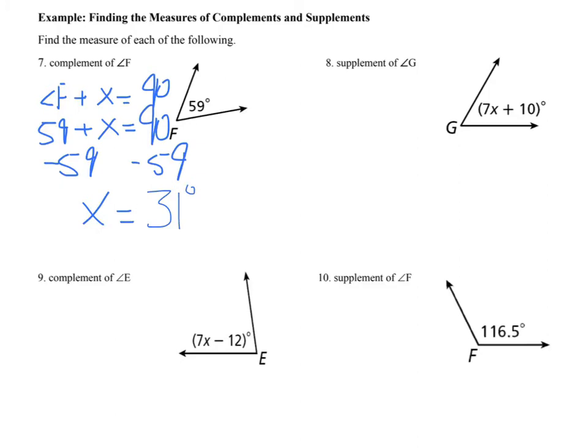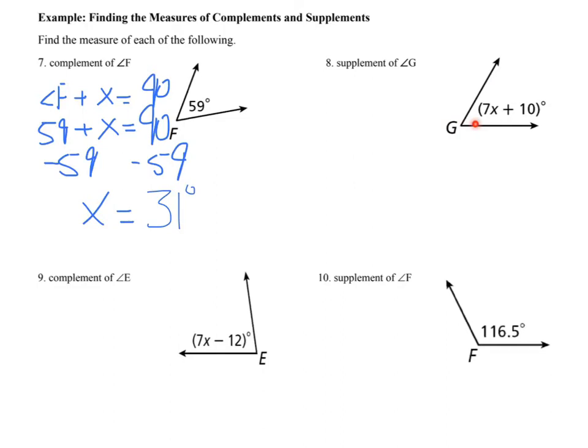So the next question says, I want the supplement of G. So supplement is 180. So if we're thinking about this like the last problem, I should set up an algebraic formula and say, all right, well, angle G plus x equals 180. And that would be nice, except in this question, they don't give me a number for the angle. They give me an expression for the angle.